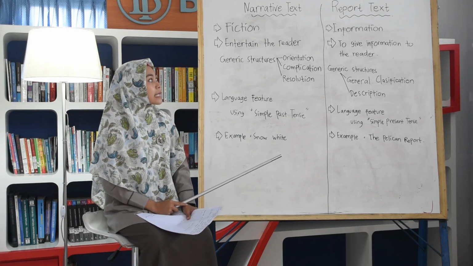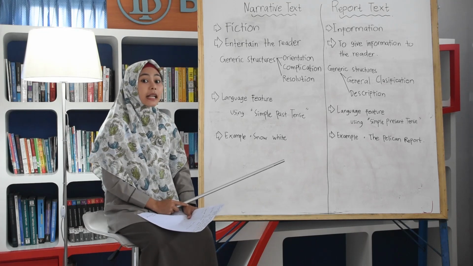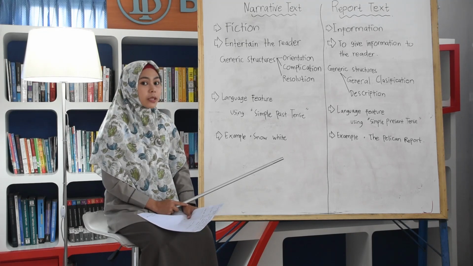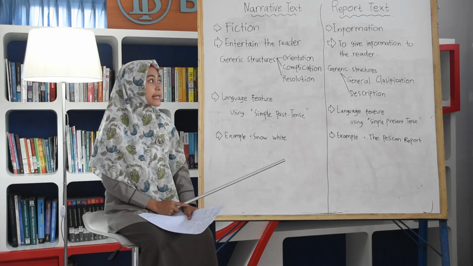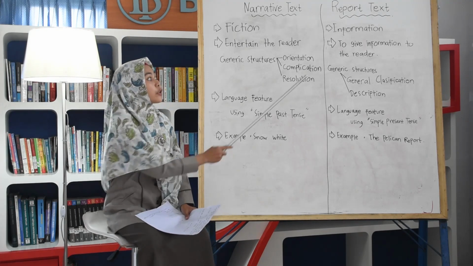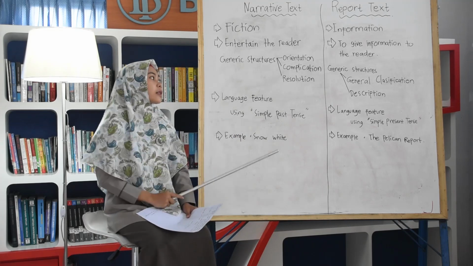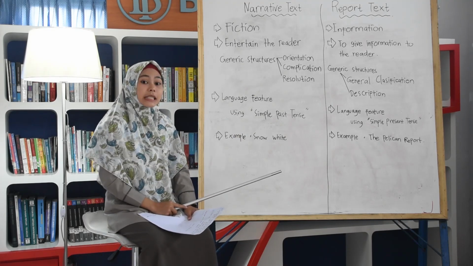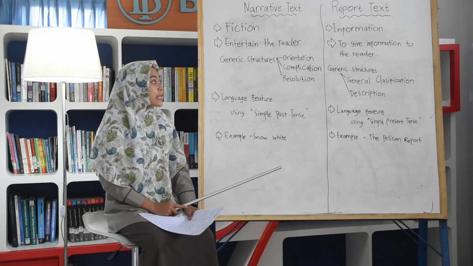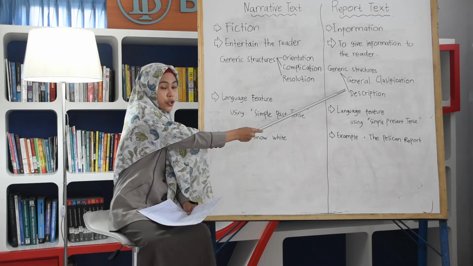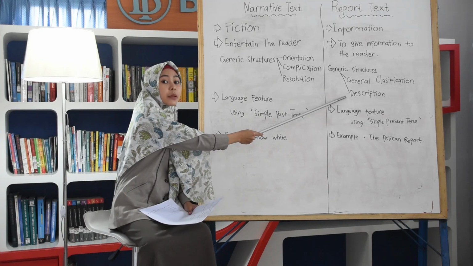Report text is a text that tells us about information, and the purpose of report text is to give information to the reader. And the generic structure of the report text is general classification and description.